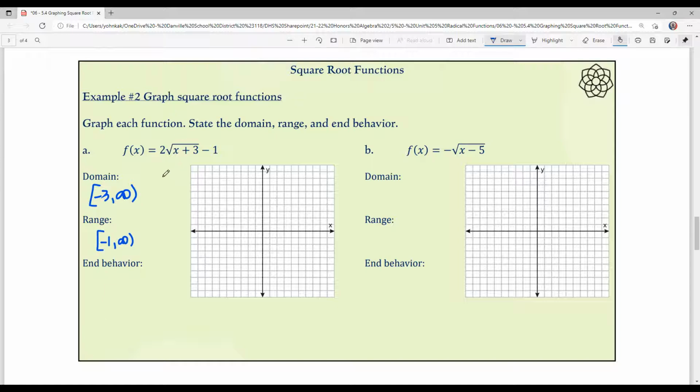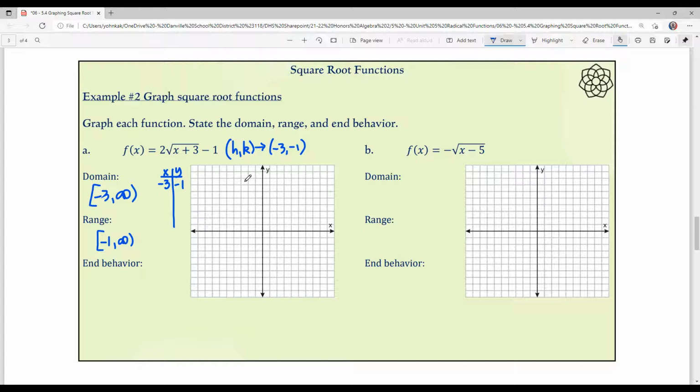Another thing you can do is make a table of values to graph. The first value that you should use in your table is whatever the starting point of h and k is. In this particular problem, your h and k is negative 3 and negative 1. That's your first ordered pair.